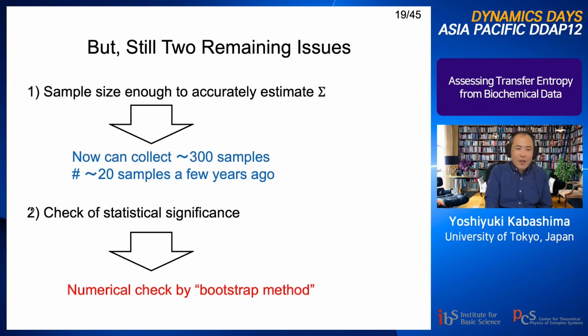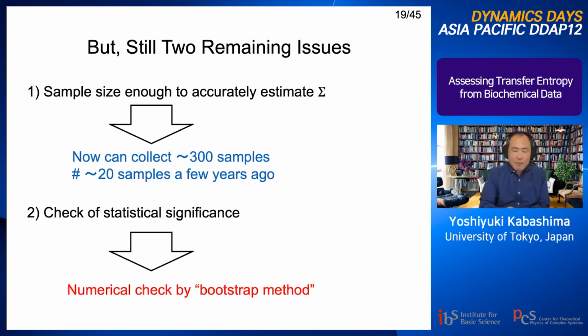But we have the other issue, the check of statistical significance. This is because biological data normally includes large statistical fluctuations, which are not negligible. So we have to evaluate how significantly we can accept the result, and check the statistical significance of the obtained result.